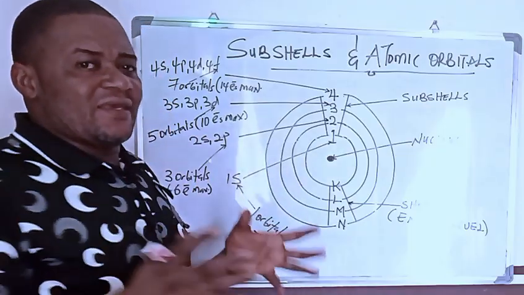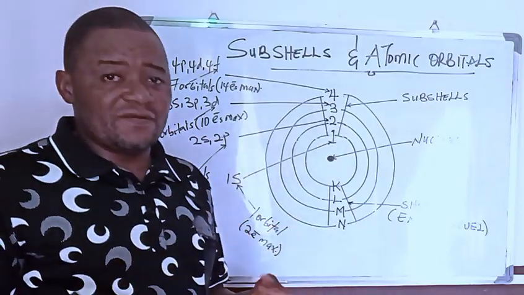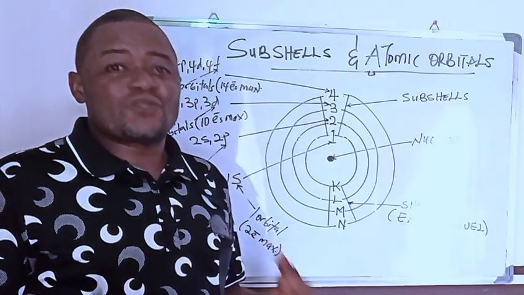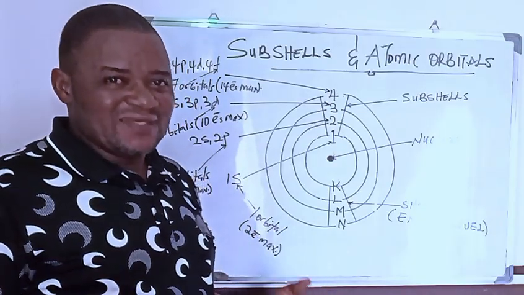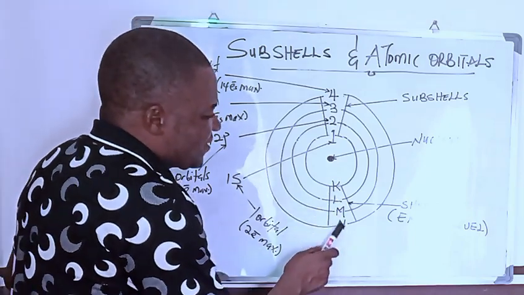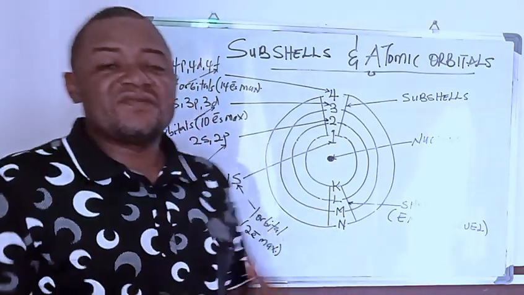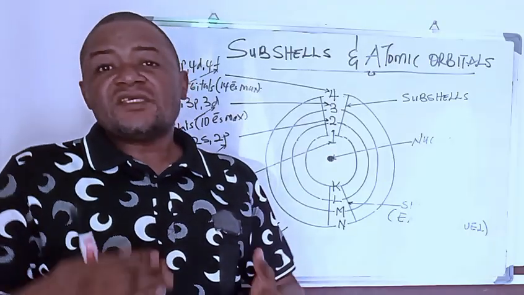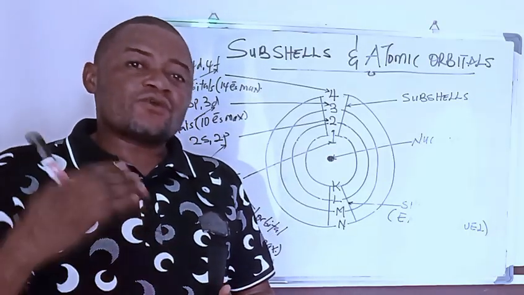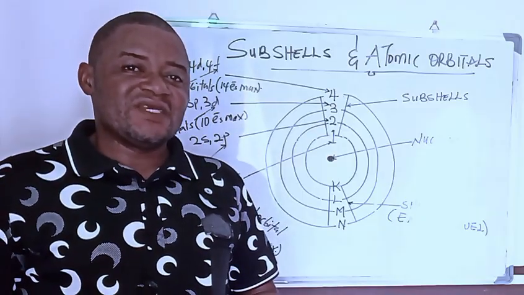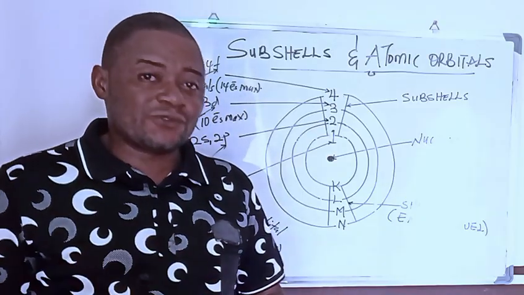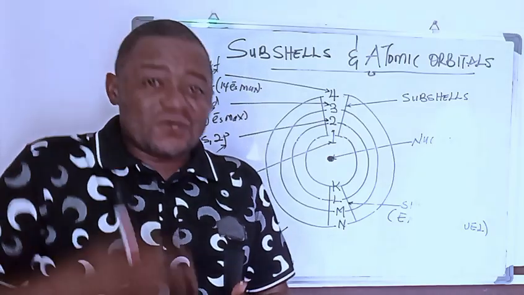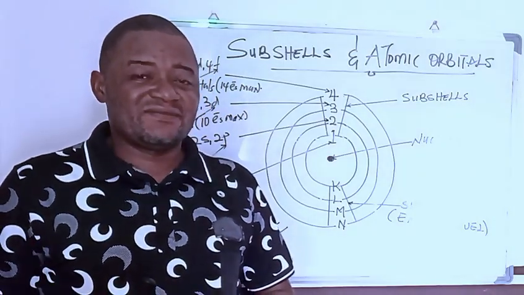But something striking: if shells are energy levels, they also have what you call sub-energy levels. Each of these energy levels, K, L, M, N, also has subshells, that is, sub-energy levels. These sub-energy levels play a very crucial role in the reactivity of every atom, because each of them also possesses what we call orbitals.